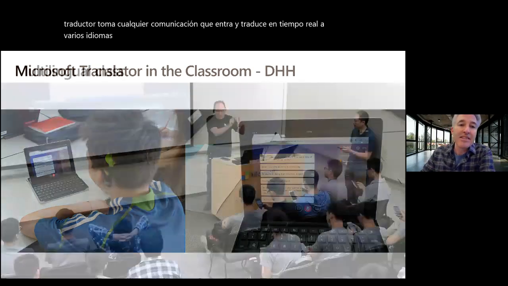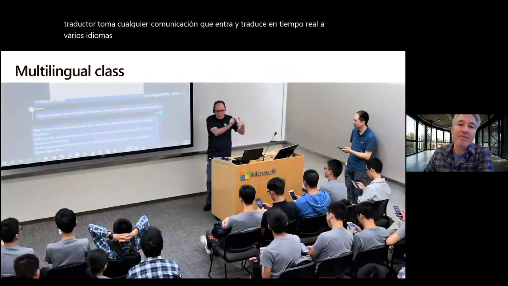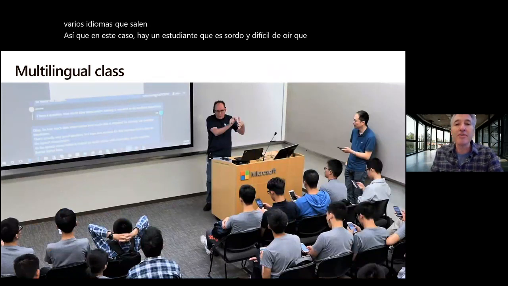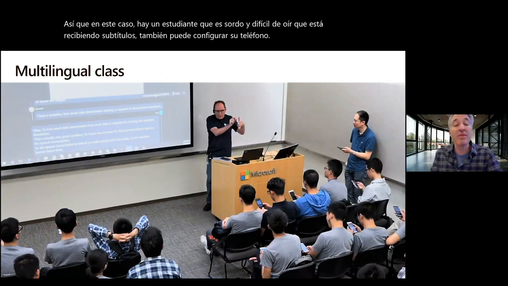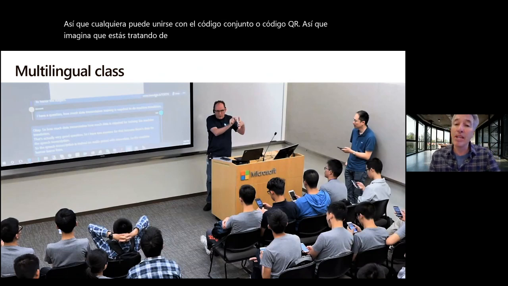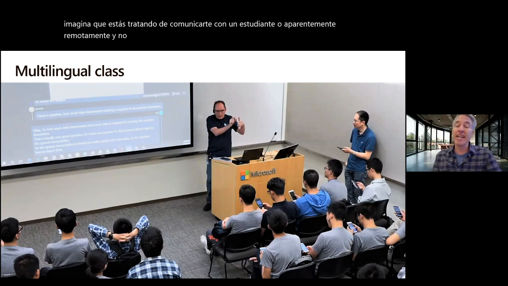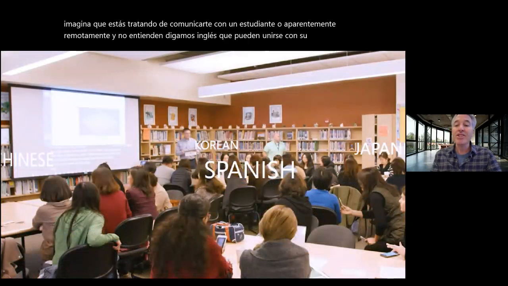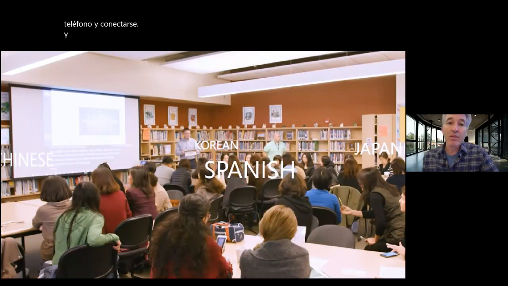So in this case, there's a student who's deaf and hard of hearing who is getting captions. You can also set your phone so anyone can join with a join code or a QR code. So imagine you're trying to communicate with a student or a parent remotely and they don't understand, let's say, English. They can join with their phone and connect and choose to see the language they want. Well, what does that look like?